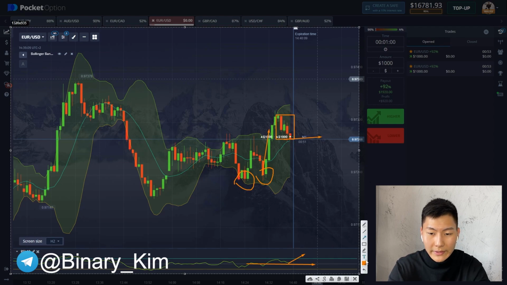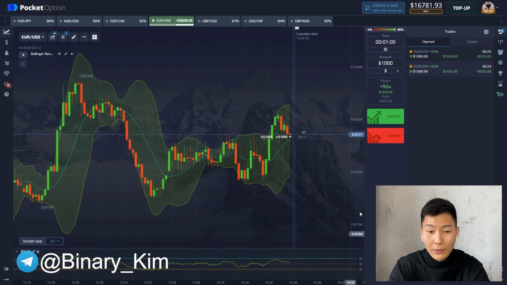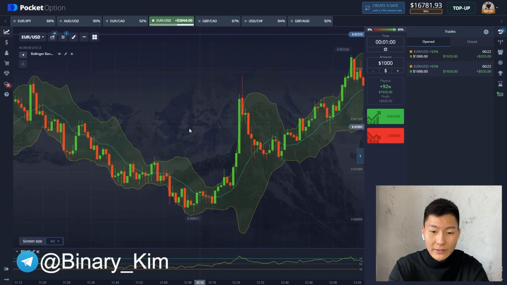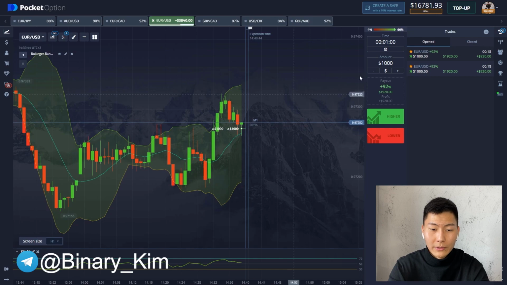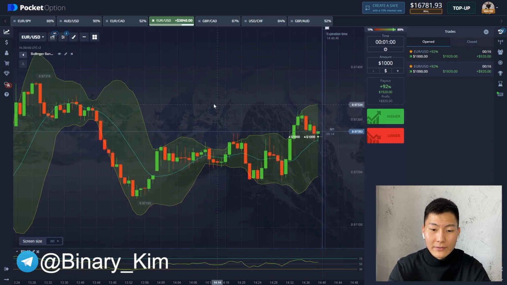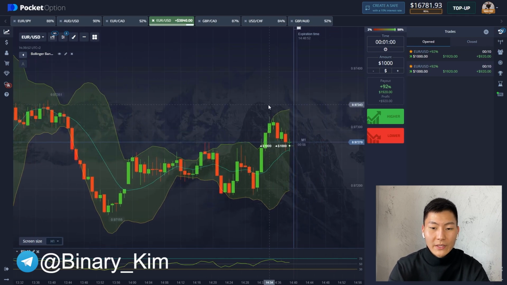There is the touch of the middle line of the channel, and basically if we consider that there was flat movement before, now the rebound has happened and the price is going up. Exactly as it happened earlier, the price was holding for a while, then determined its direction. And the price decided to move upwards. We can see that on the chart, and I think we opened correctly, guys.